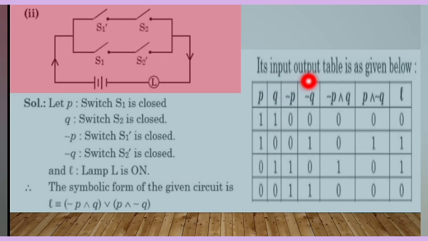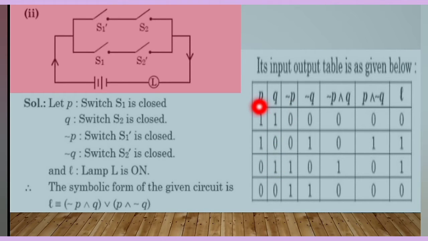Here its input output table is as given below. If in this circuit there are two statements P and Q, then draw 4 rows. In the P column, already learned T and F, so we write 1 1 0 0. Q statement: 1 0 1 0.